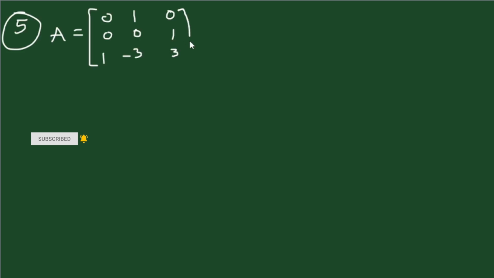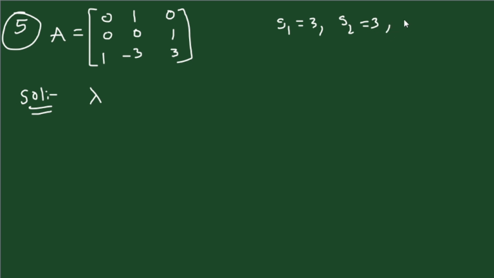Next, coming to another type of problem. If you take this matrix, what you will get is the characteristic equation. If you find, S1 equal to 3, S2 is 3, S3 is 1.